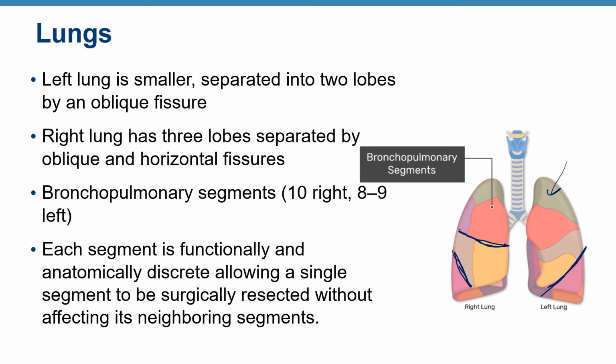This is the significance of these bronchopulmonary segments. They're like functional units of your lungs. And if you resect one segment, let's say the patient has a cancer and this segment needs to be removed, it will not affect the function of other segments of the lung.